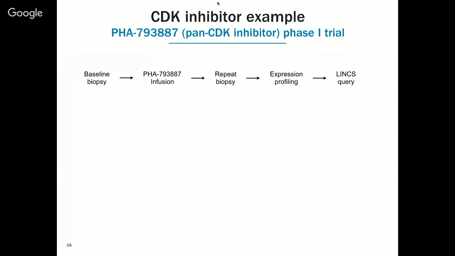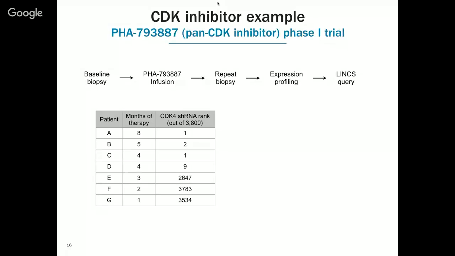In this particular experiment, we had access to data from their baseline biopsies. These patients were then treated with PHA 793887, which is an investigational CDK inhibitor. And then we also got data for these same patients a few months after they had the therapy.